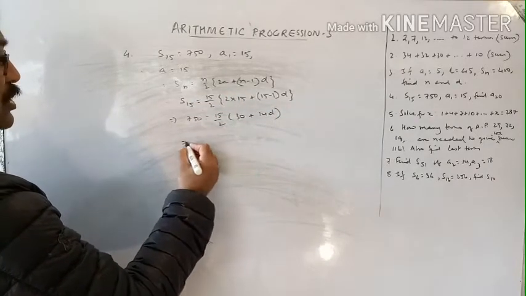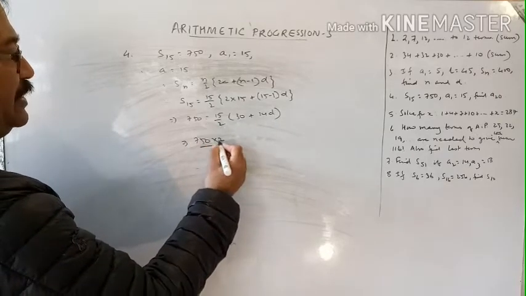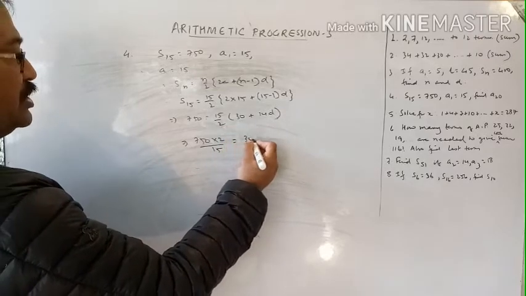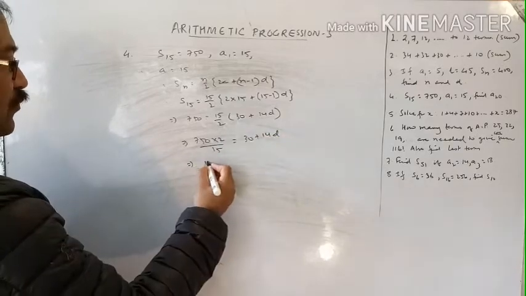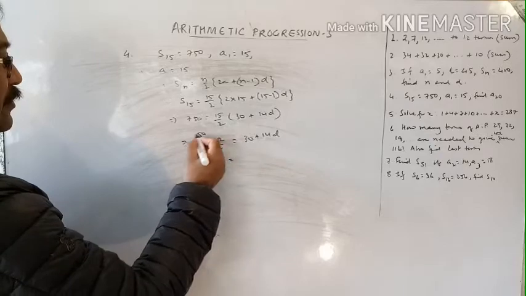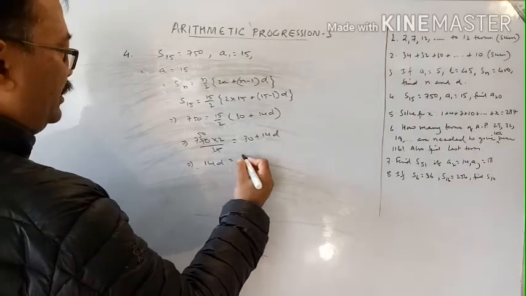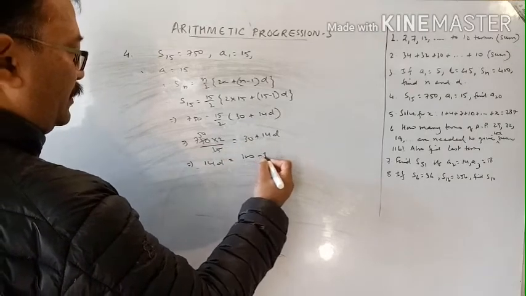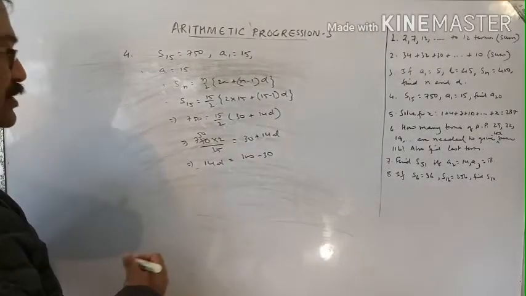So we cross multiply here, 750 into 2 divided by 15, it will come down, and that equals 30 plus 14d. So we can interchange, so 14d is equal to, now 15 will go 50 times here, so 50 twos are 100, 100 is there, so this 30 will come to this side, change the side, transpose, so it becomes minus 30.